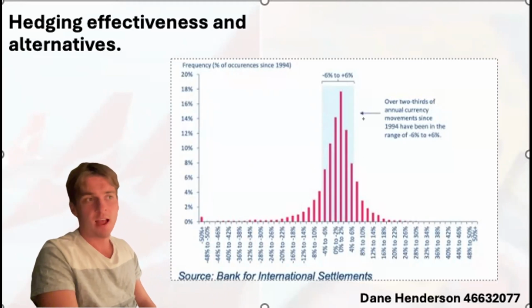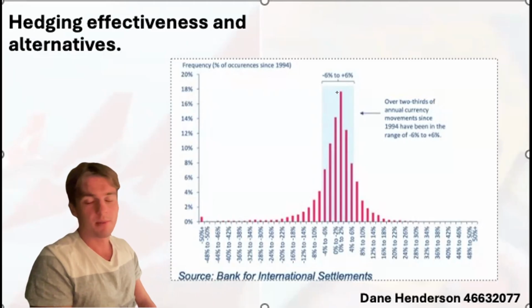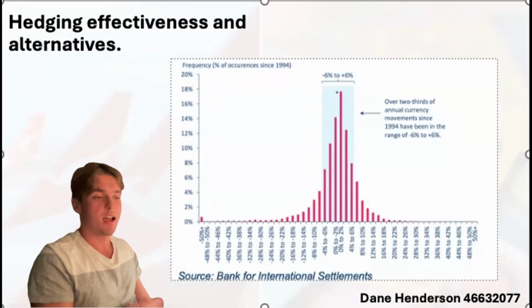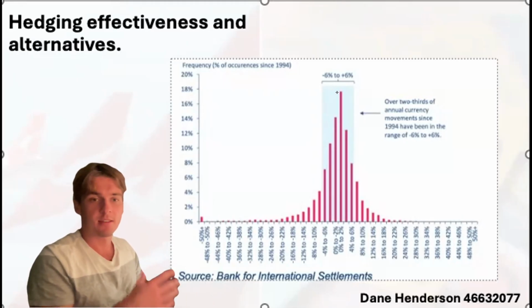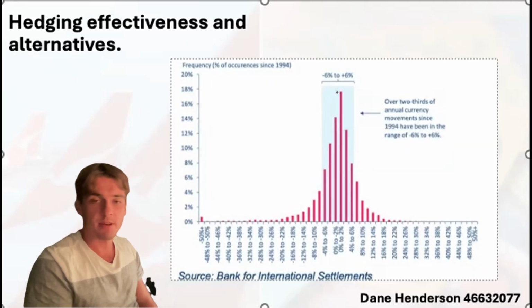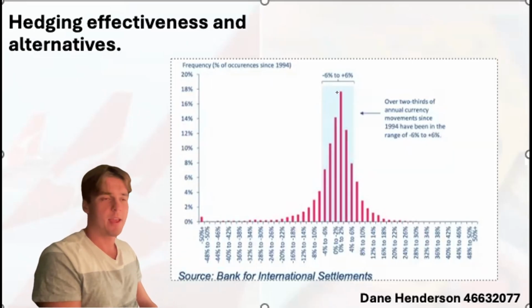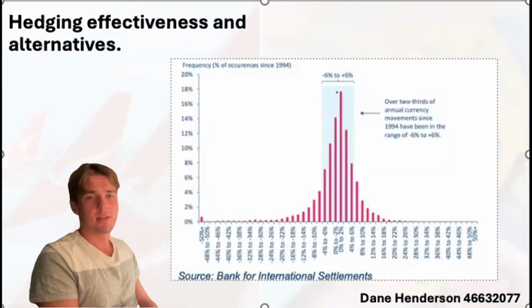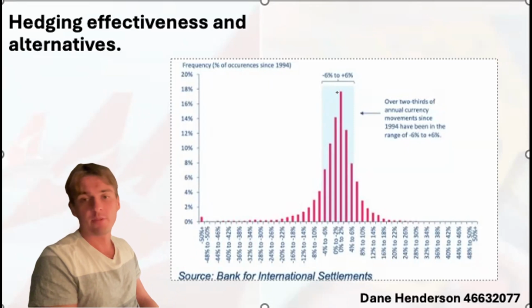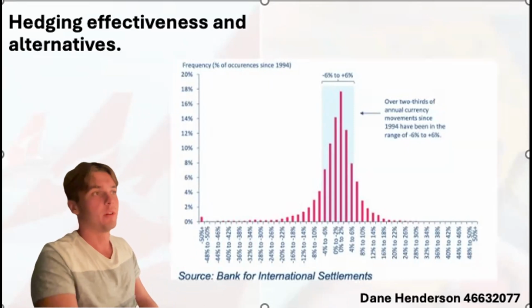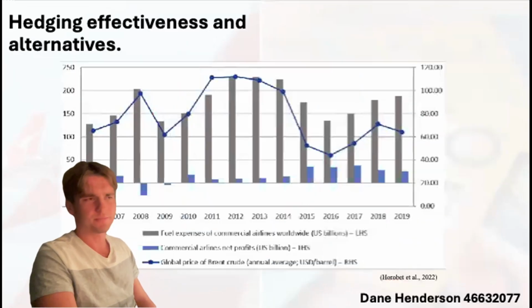And while most of it is within this -6 to +6% range, because a company like Qantas has so much expenses in US dollars and so much revenues coming in from US dollars and Japanese yen, and they have just so much financial exposure, it's quite important for them to hedge. But obviously, by doing that, and if they have a very aggressive hedging style, they can miss out on favorable movements, as we've seen before, especially in fuel hedging.